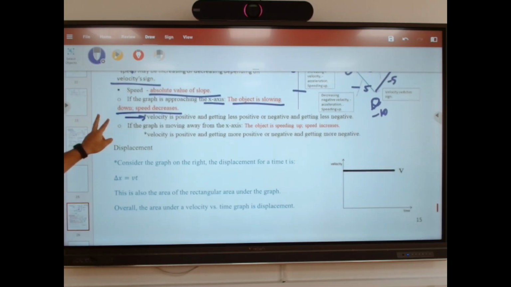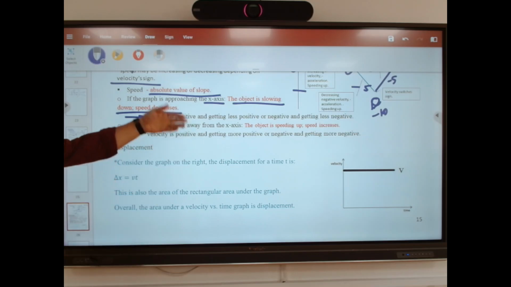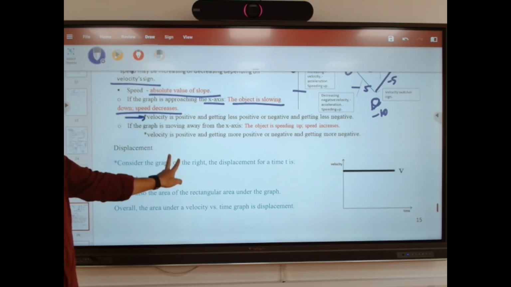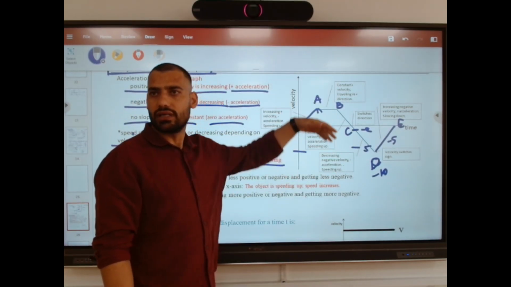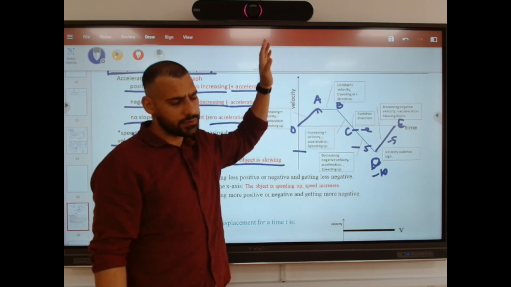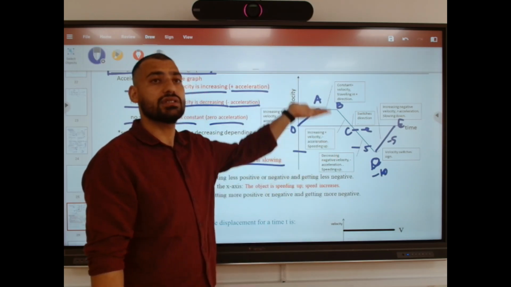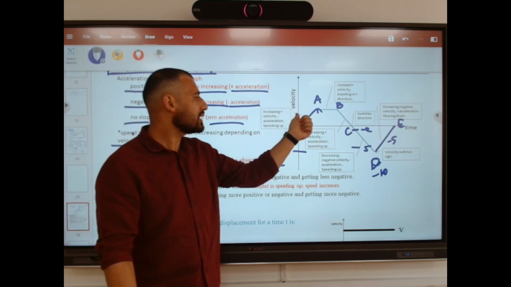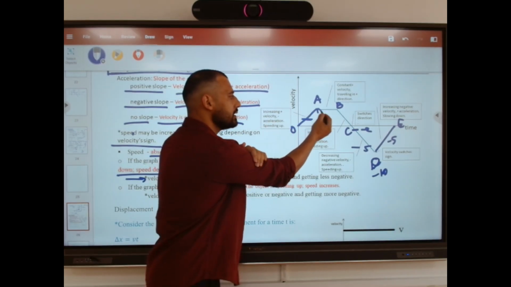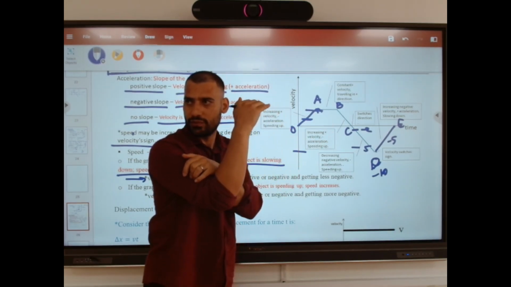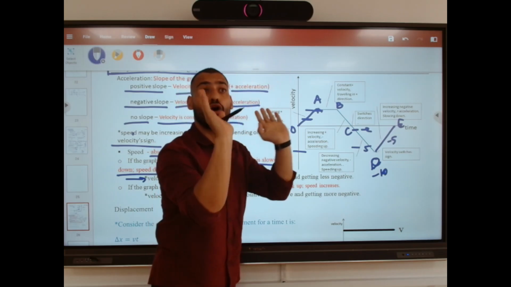If the graph is moving away from the x-axis, the body is speeding up. See, from O to A, what is happening? Body is going away from the x-axis, the body is speeding up. Speed is increasing, velocity is increasing. Is that fine? It was less positive, isn't it? Less positive. But here it is more positive. So from less positive to more positive.